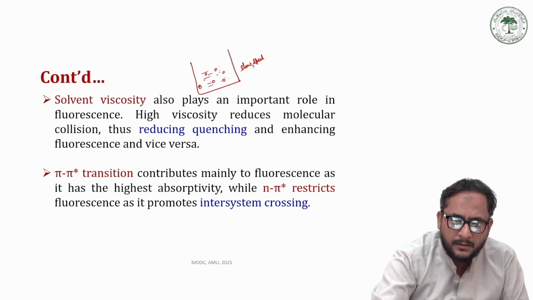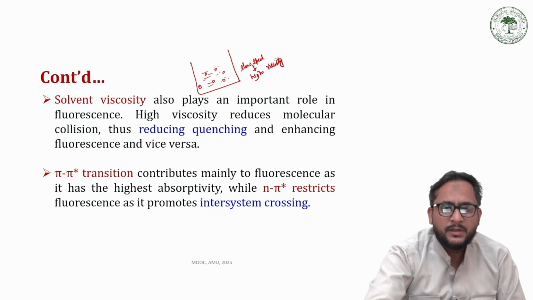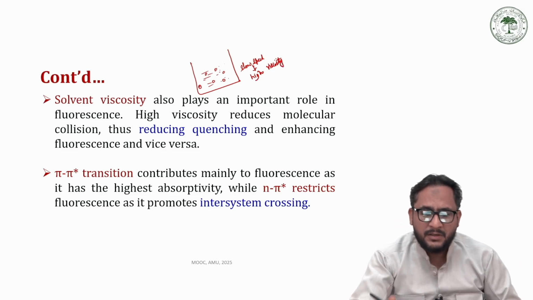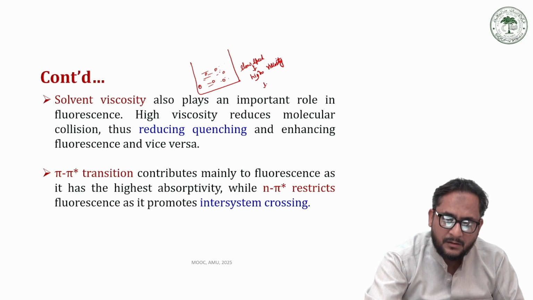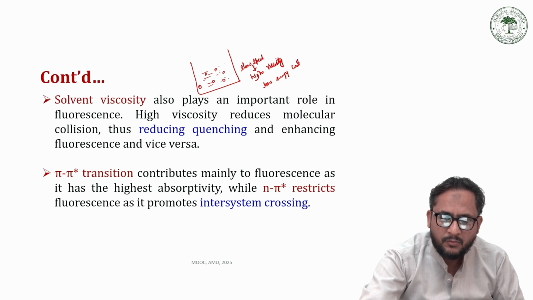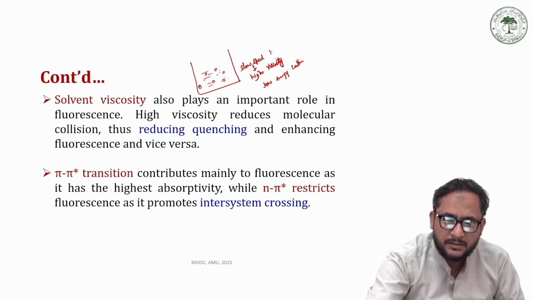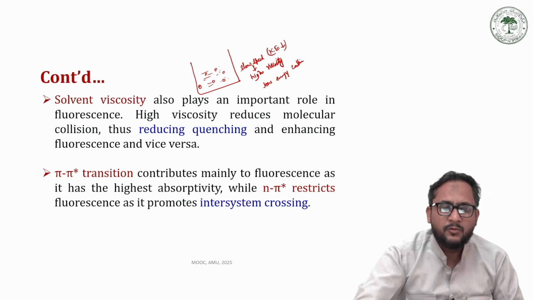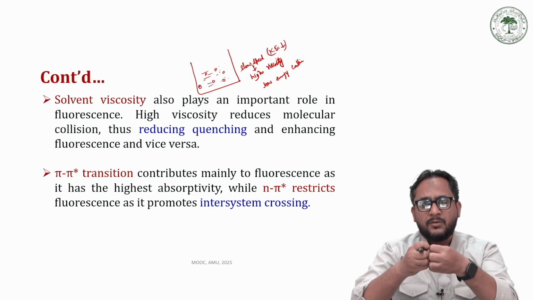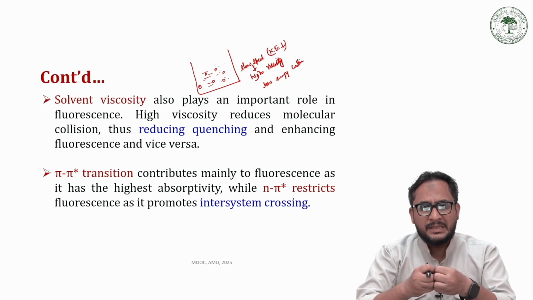Why? Due to the high viscosity of the solution, and since molecules move slowly, there will be collisions with low energy, because their kinetic energy is low, and if they have low kinetic energy, even when they collide, the impact is insignificant.